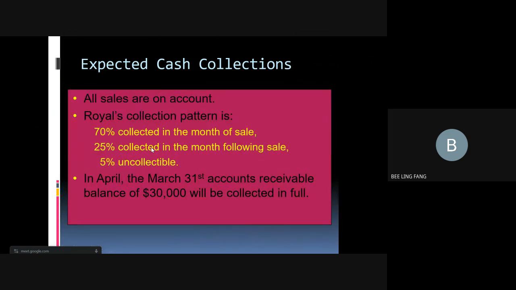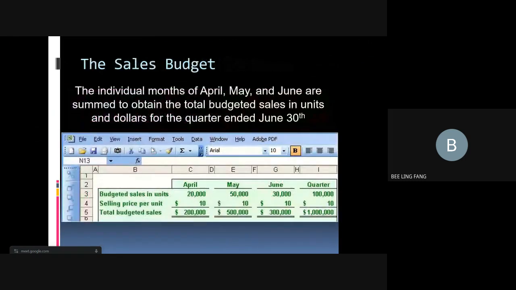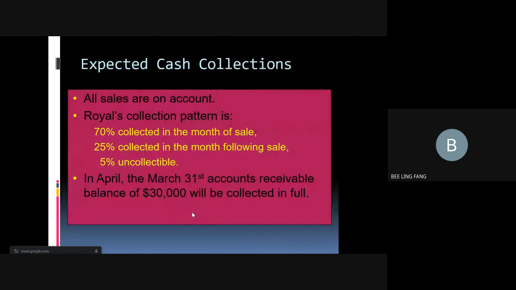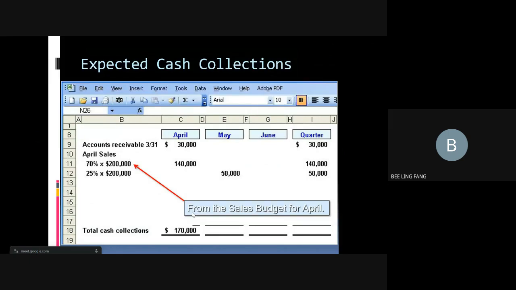So 70%. Okay, here you have 200,000 budget. So to calculate, from the April sales, 70% times 200,000, you get 140,000.